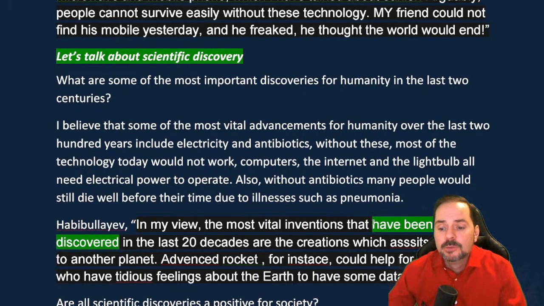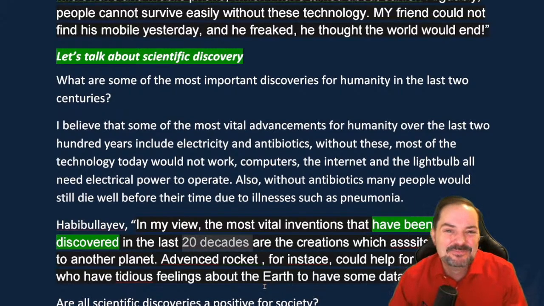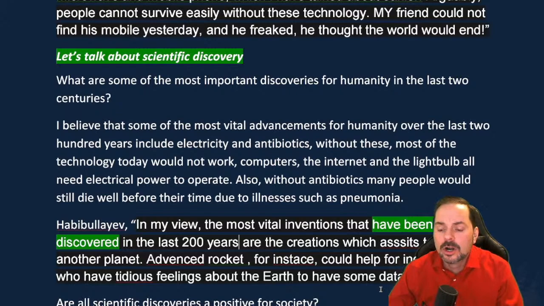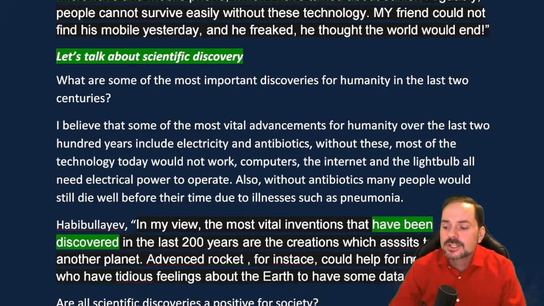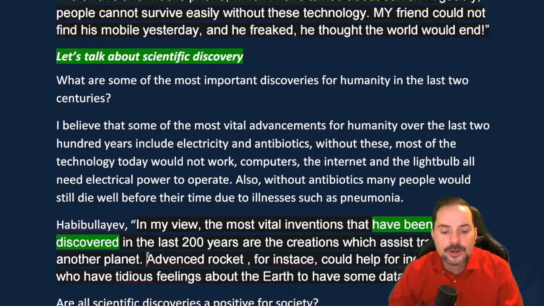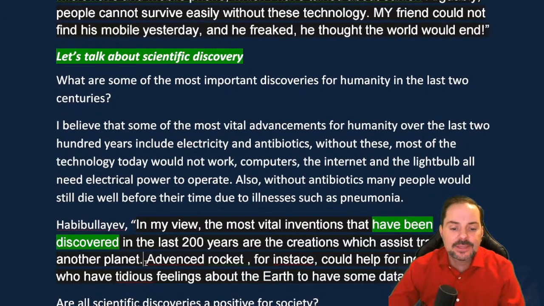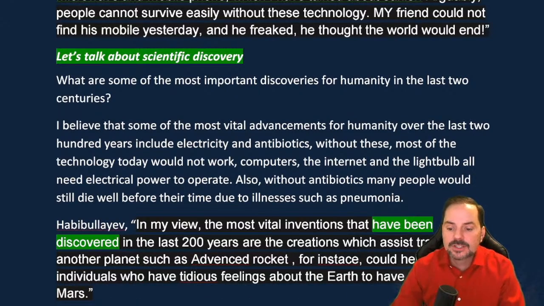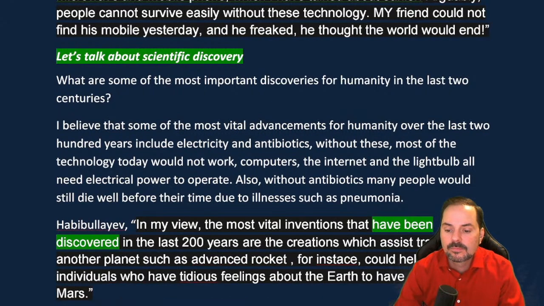Okay, so in my view, the most vital inventions that have been discovered the last 20 decades here is a bit awkward. It's okay, but I would say 200 years is better, are the creations which assist travel to another planet. Here we can link this, such as advanced rocket science.